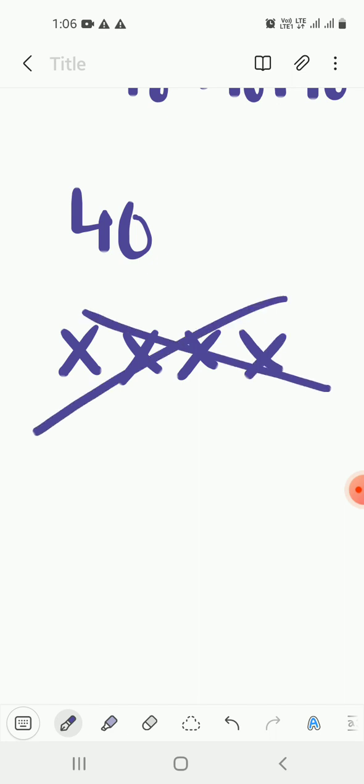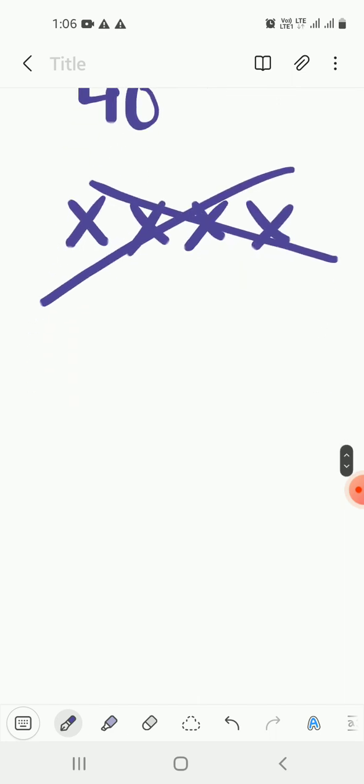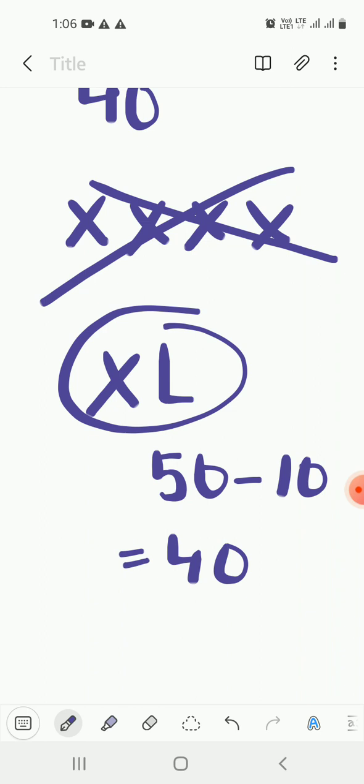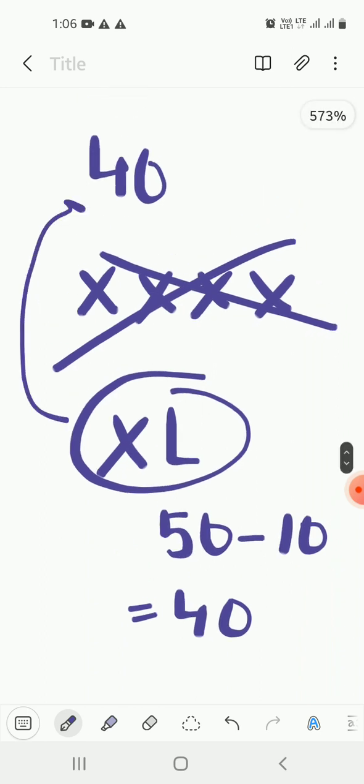We can't write 10 plus 10 plus 10 plus 10. This is not allowed. So what we write is L, which means 50, as I already told you, and X to the left of L. That means L is 50 and to the left of L is X, which means 50 minus 10, that comes to 40. So this is the symbol for 40.